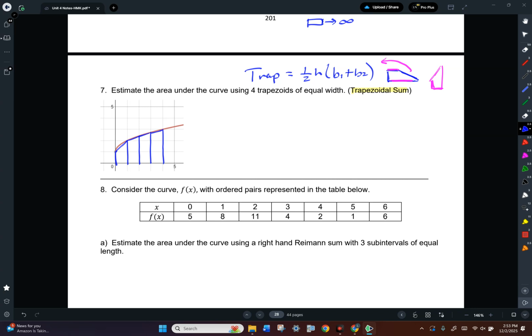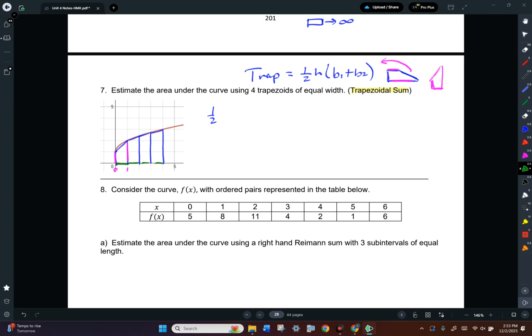So keep in mind, in that first interval, this is a parallel side and this is the other parallel side. So those are my B1 and B2, meaning when x equals 0 and when x equals 1. So let's do this. Since every trapezoid is going to have a 1/2, and every trapezoid is going to have a height, and on these trapezoids, the height is going to be this base down here.